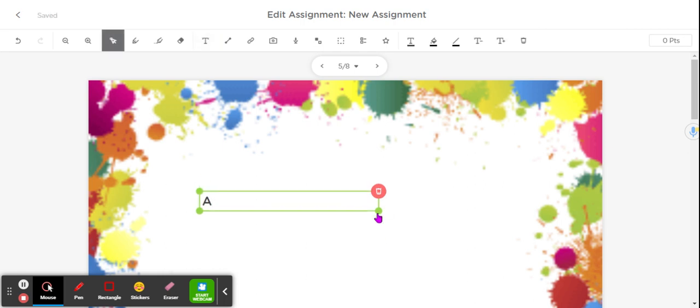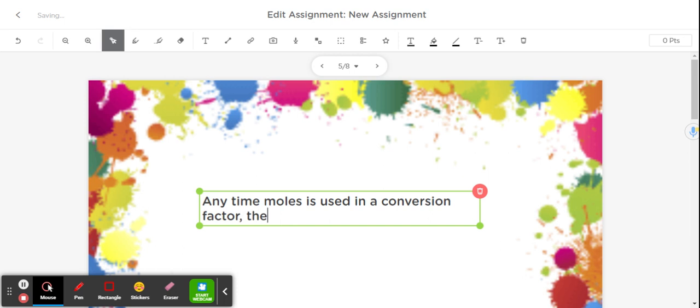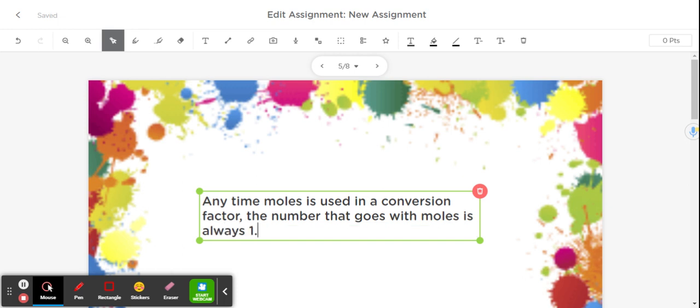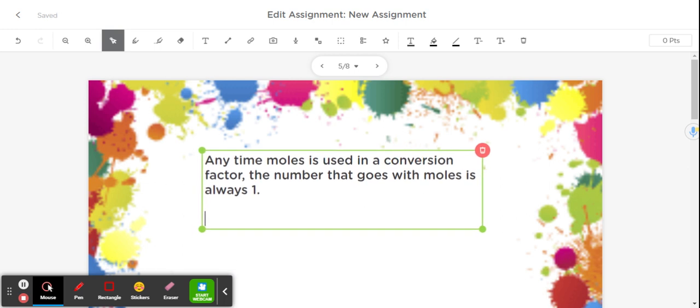I'm making these points because I know some of you are thinking, oh, so atoms always goes on top. That we cannot say. But what we can say is anytime moles is used in a conversion factor, the number that goes with moles is always 1. So when you are plugging moles into your truth table, it's always going to be 1 mole.